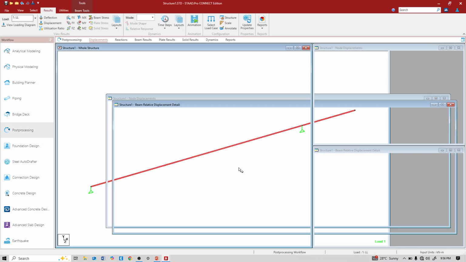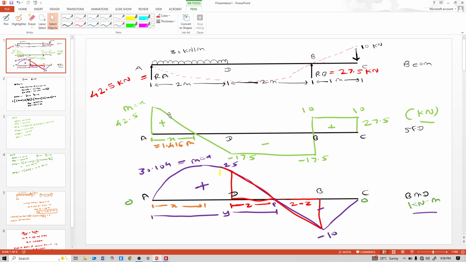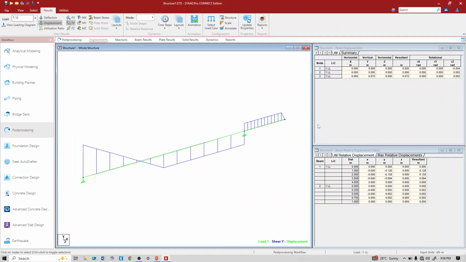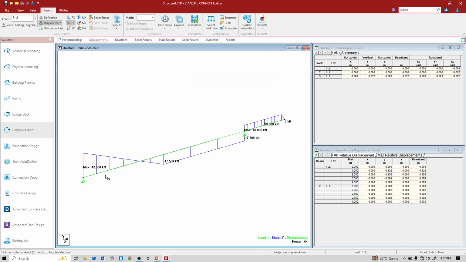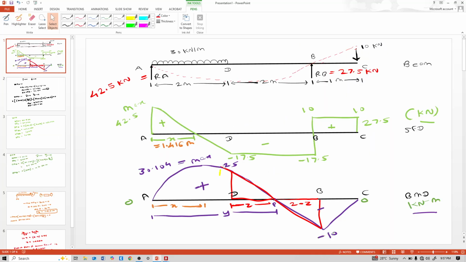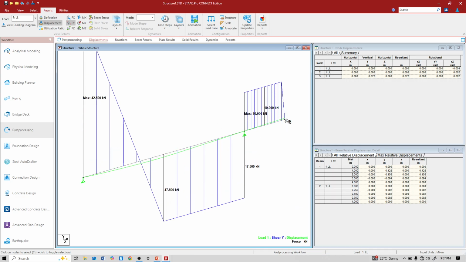Now let's see our manually calculated bending moment and the software bending moment. See this shape. This is 42.5, correct. This is minus 17.5, also correct. 10 is also correct. Why is this inclined?